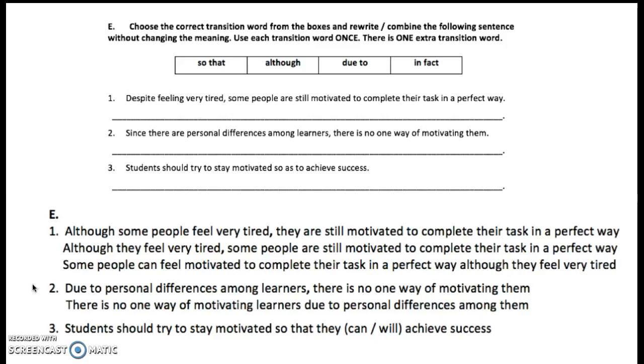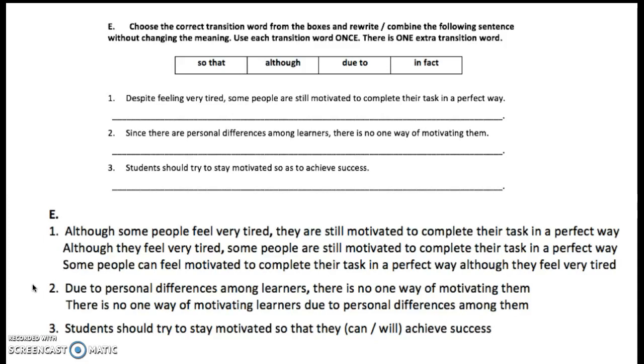Number 2, since here means because, so we have a reason-result relationship in this sentence. Due to is a linker from this group and is followed by a noun or a noun phrase, and it is synonym with because of.